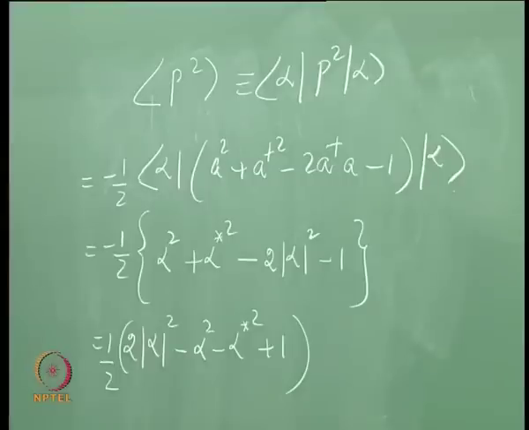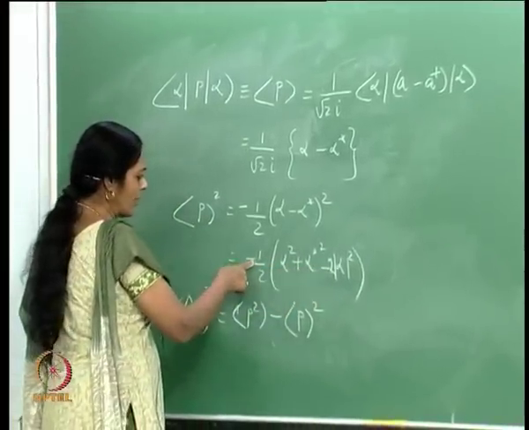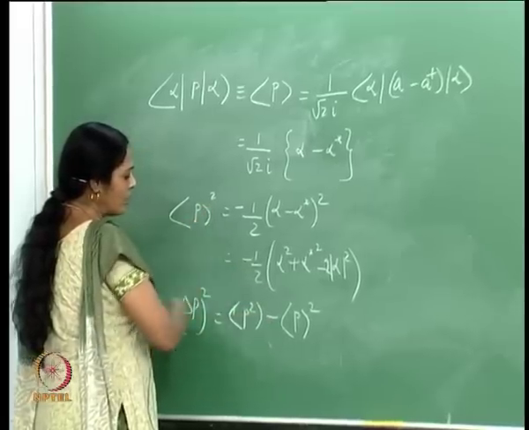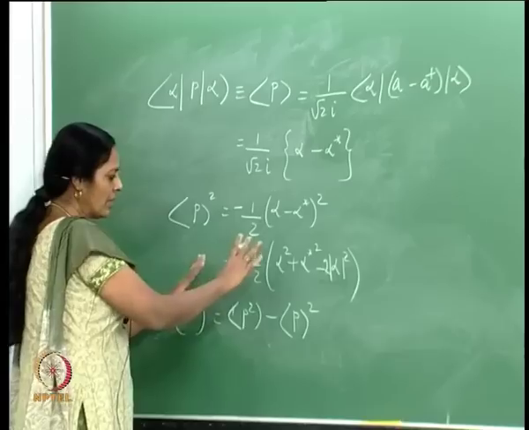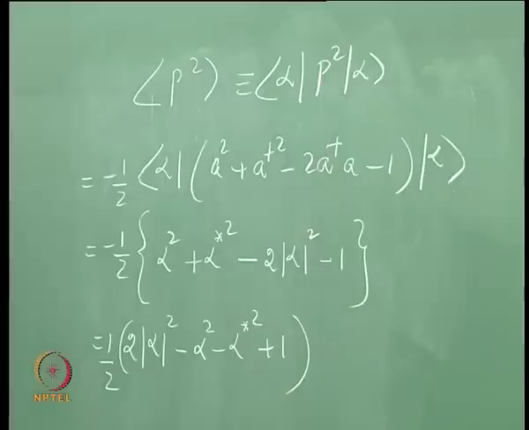Similarly, I have a mod alpha squared out here with a plus sign. Here I have a mod alpha squared, but now with a negative sign because I am subtracting expectation P the whole squared from expectation P squared. And therefore, this object is simply the half that I had when I found the expectation value of P squared. That was the last term with a half.